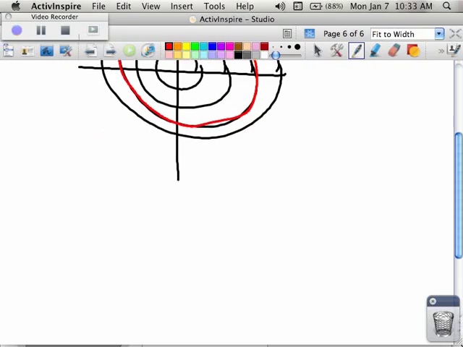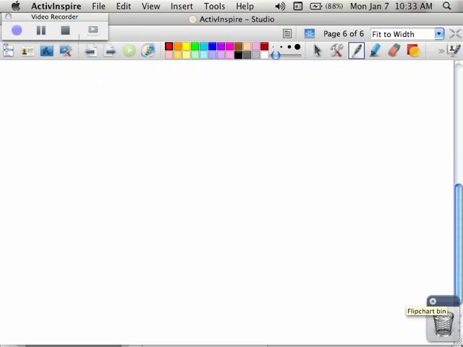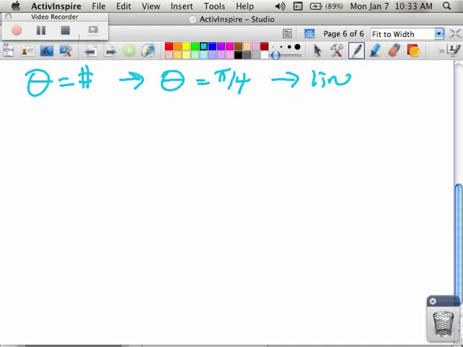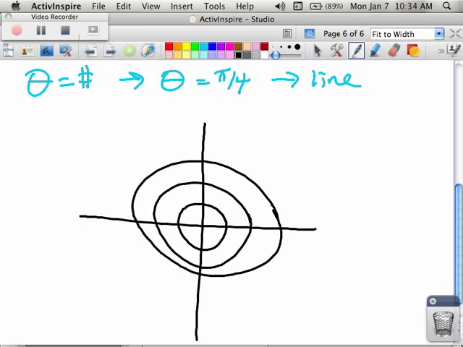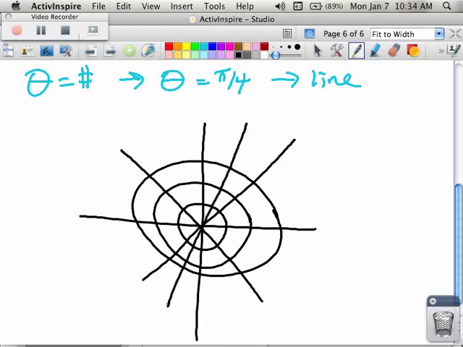Second, if you ever see something like theta equals a number, for example, like theta equals pi over 4, this is a line every time. So I see my rings. Again, doesn't really matter how many rings there are in this case, and you have your different lines that are coming through.